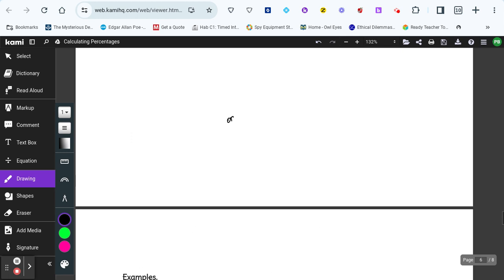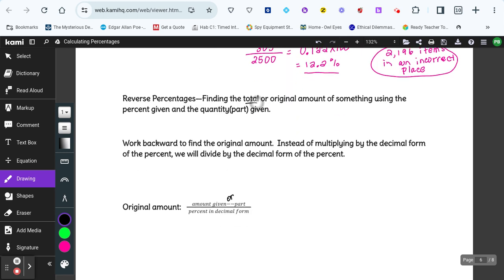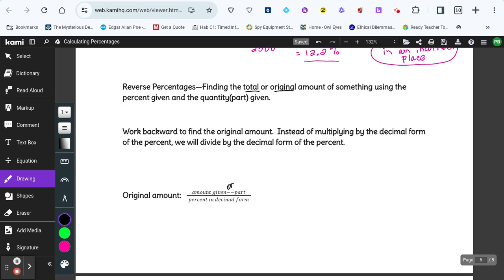So what we're going to do to find the total or the original amount is use the percent given, like 70% was given in that bus problem, and we're going to use the part given. So remember, we're missing the total, we're missing the whole picture. We're only going to get a part of the picture, okay? Not the whole picture. So you're going to work backward to find the original amount.